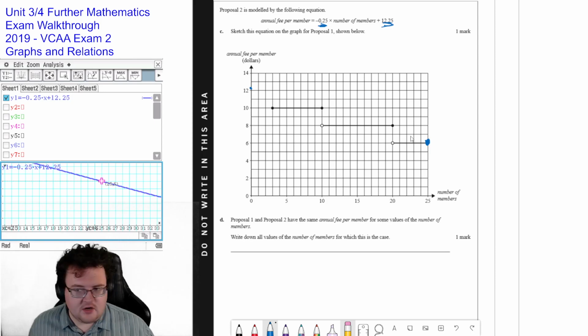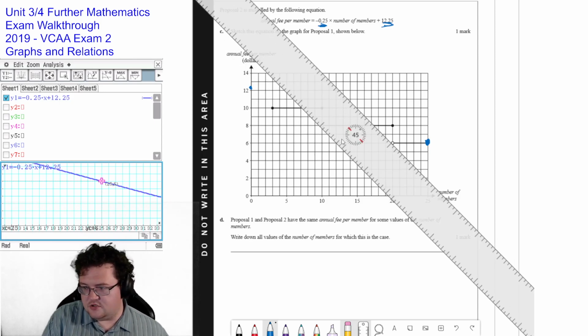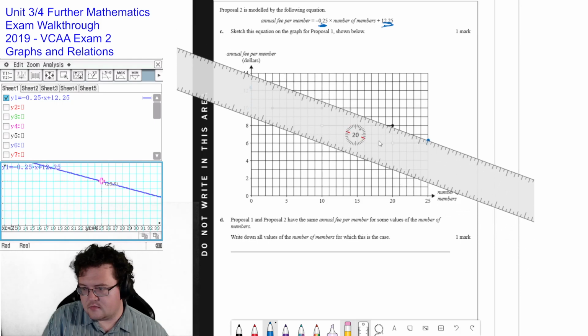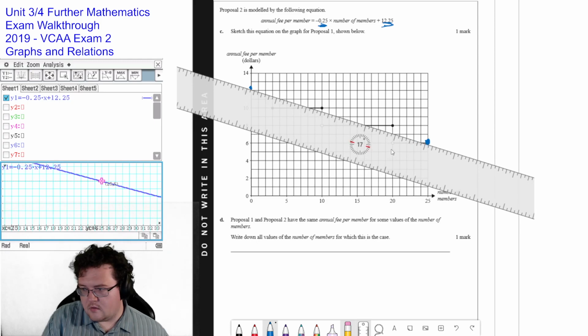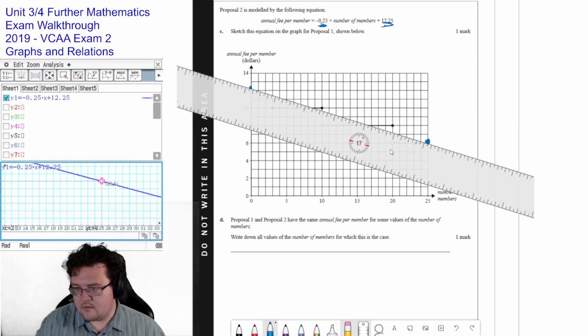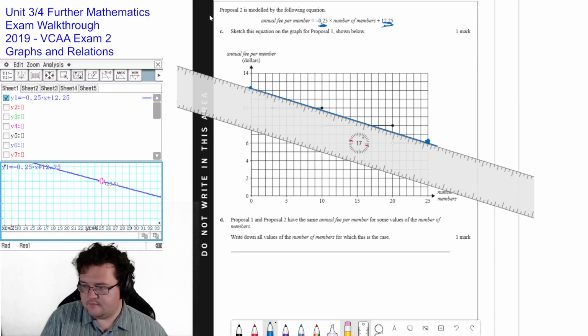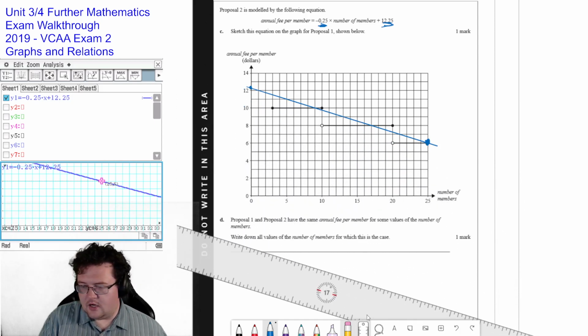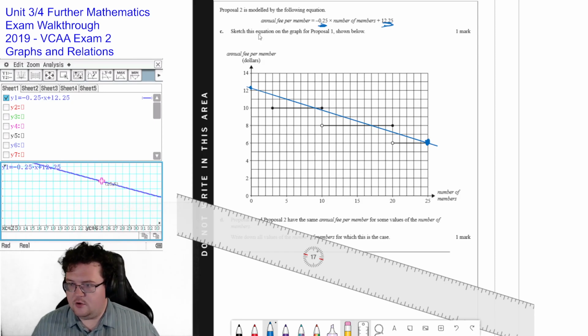There it is on my graph, which means that if I get my ruler out and I draw a straight line that connects those two dots, then that's going to answer the question for me. I have now drawn the graph, and then you would label it proposal 2.